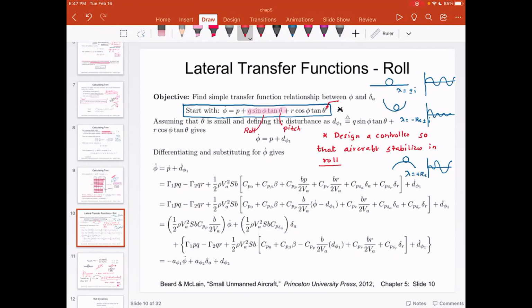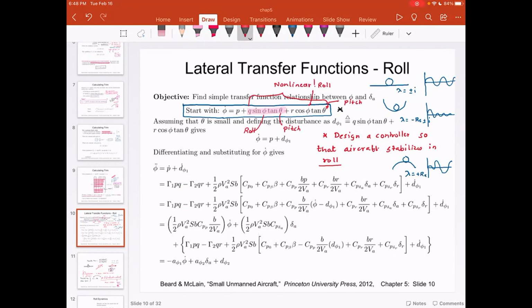The second term also has a pitch and roll coupling. Now, this term is clearly nonlinear because it is the product of cosine and tan. It's a product of sine and tan. So these two are nonlinear.